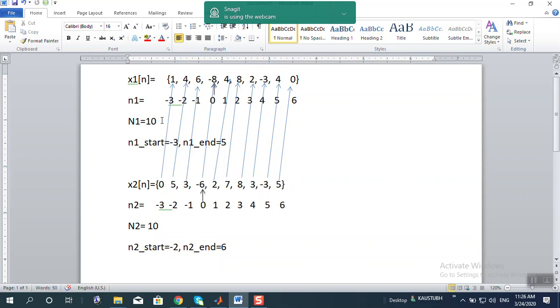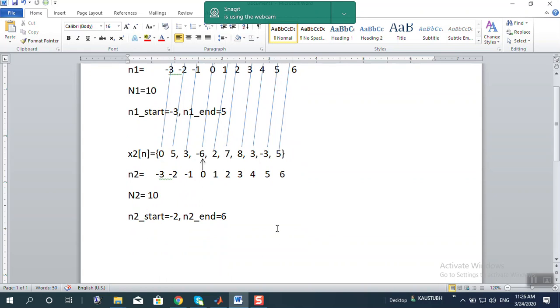Okay. So the new signal, I mean the final time, let it be n, will be equal to the minimum of n1 start and n2 start, and it will go up to the maximum of n1 end and n2 end.